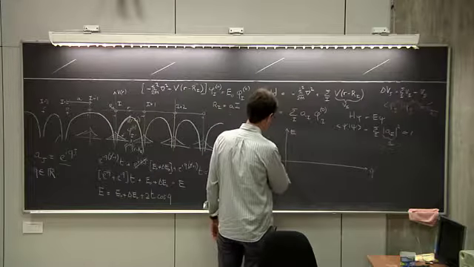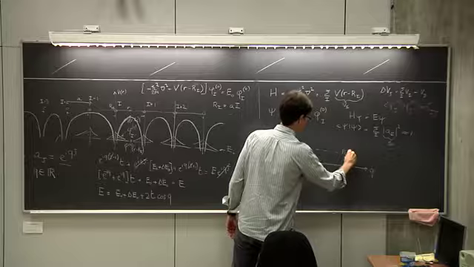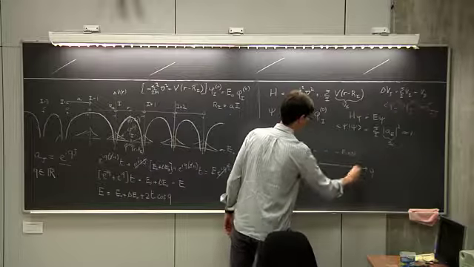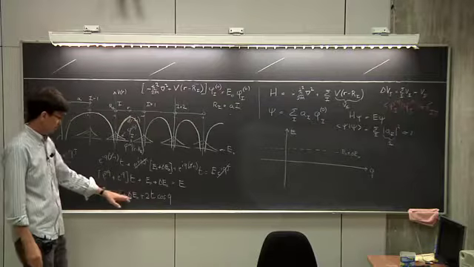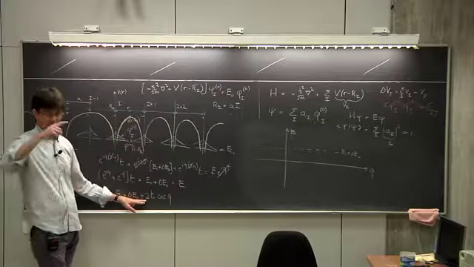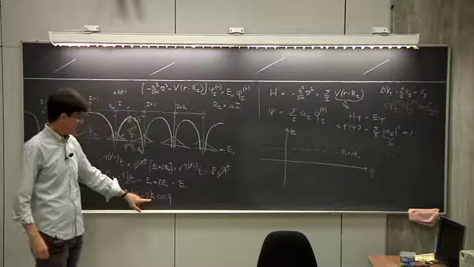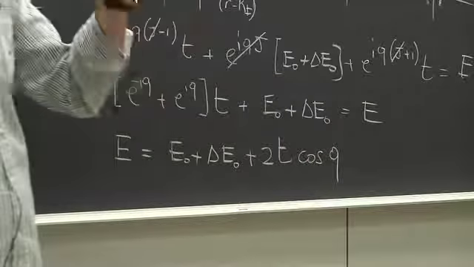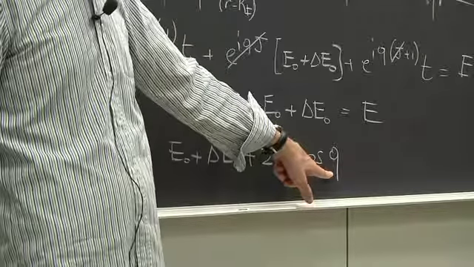This function will have an average value of E naught plus delta E naught, a constant, plus an oscillatory function centered around this dashed line with amplitude plus and minus 2t, and period 2 pi.